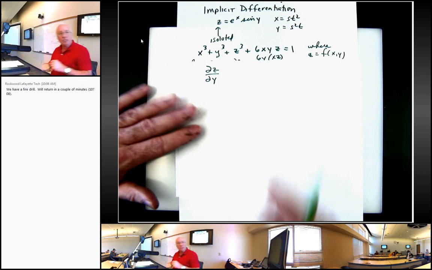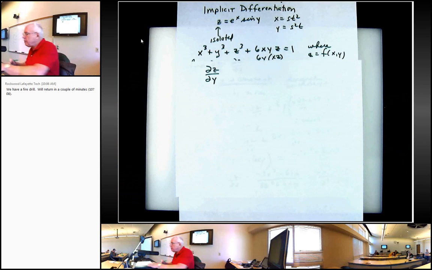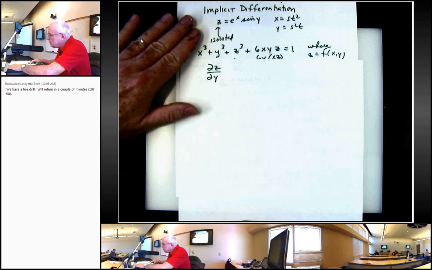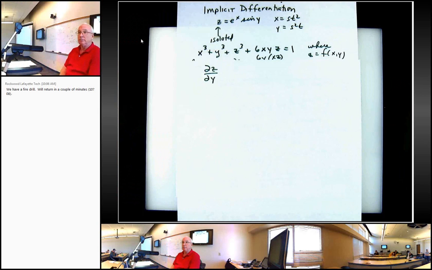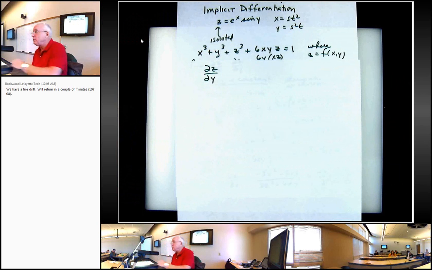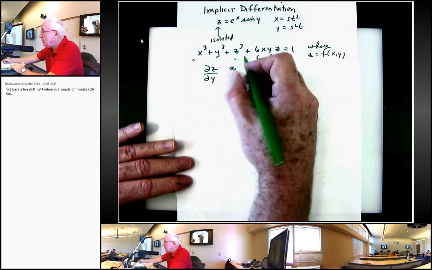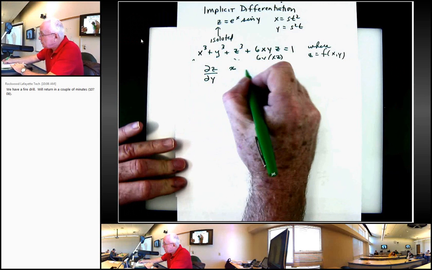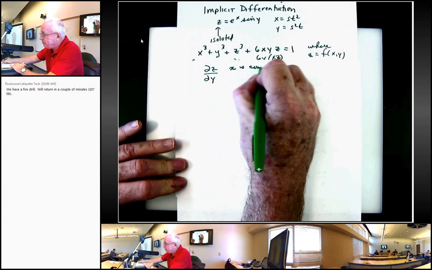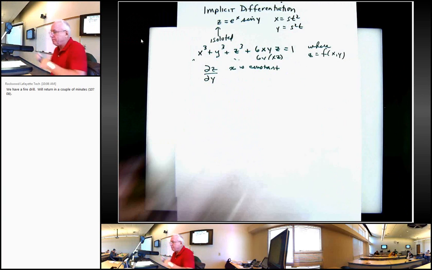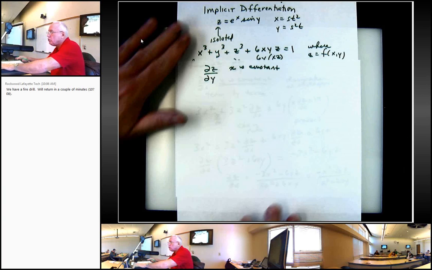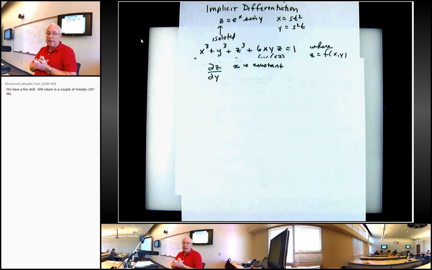Now, I like to mark on my paper because I tend to sometimes get distracted. So I like to mark on there what's being treated as a constant, because I sometimes need all the help that I can get. So I'm going to mark here x as constant. Okay, again, we're going to go term by term with this. Our first term, x to the third, is going to go away to 0.